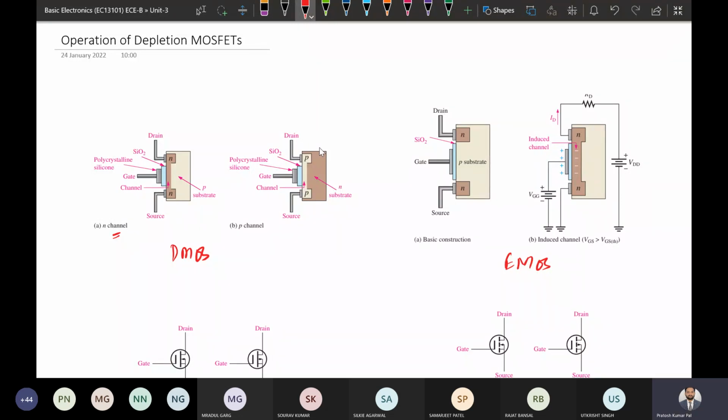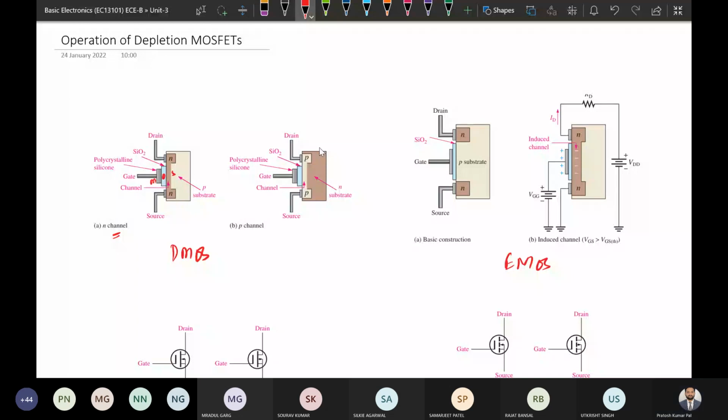This gate will be of metal or polysilicon, and in between there will be an SiO2 layer. So this is metal, this is oxide, and this is semiconductor. This is the MOS device. This will be the structure for either depletion type or enhancement type.